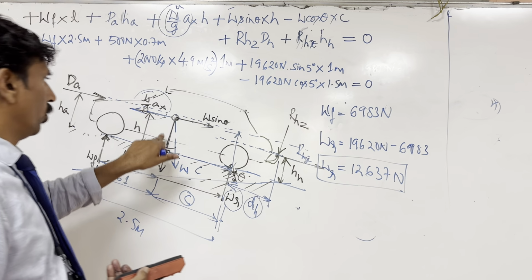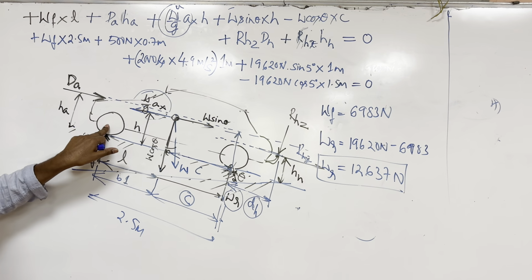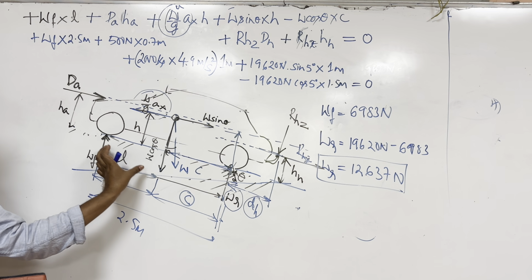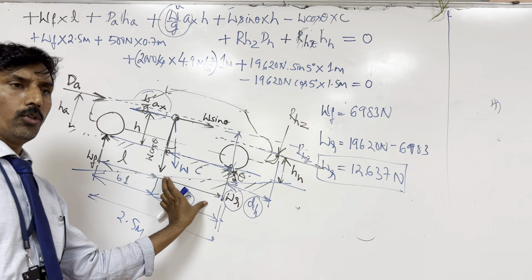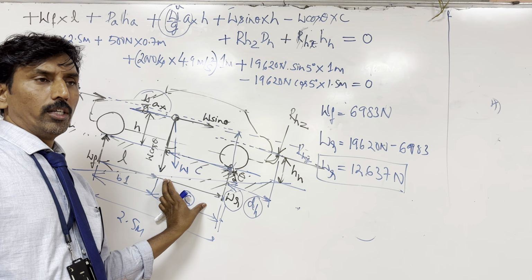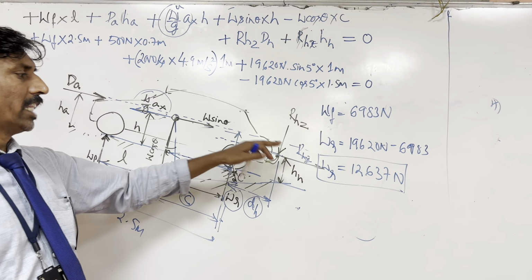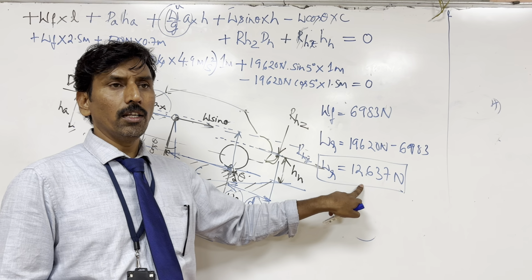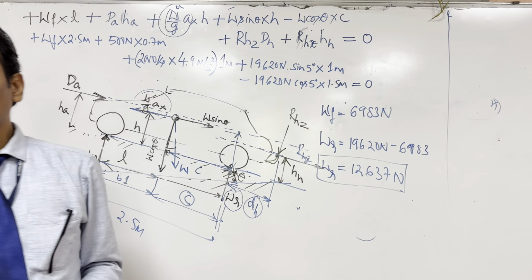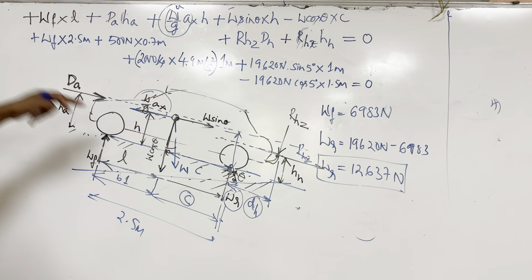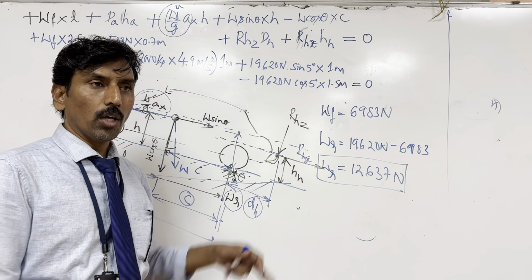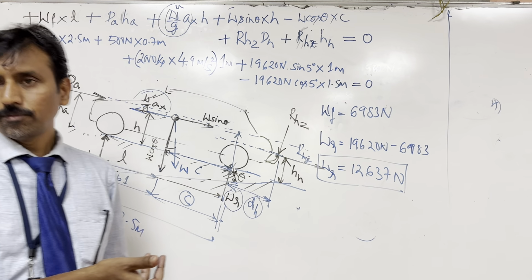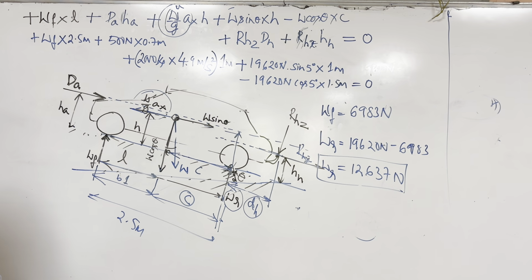Even though CG is nearer to the front wheel, 1 meter, than the rear wheel, 1.5 meter, there is more weight shifted onto the rear wheel. It is because of acceleration, inclination and air drag. Of course, if there was a hitch, it would have still contributed to front wheel lifting.